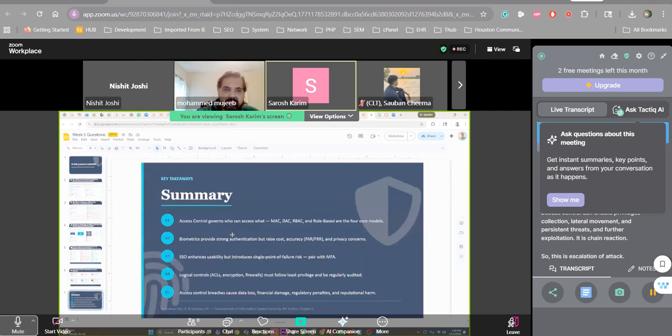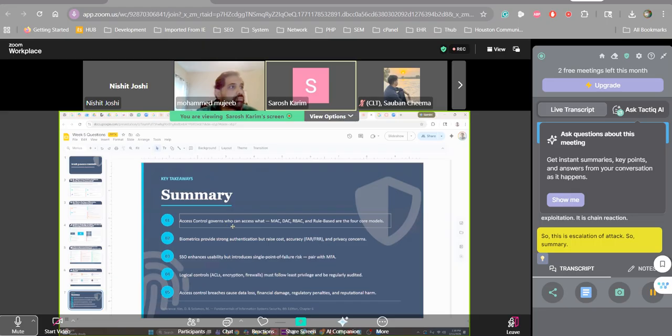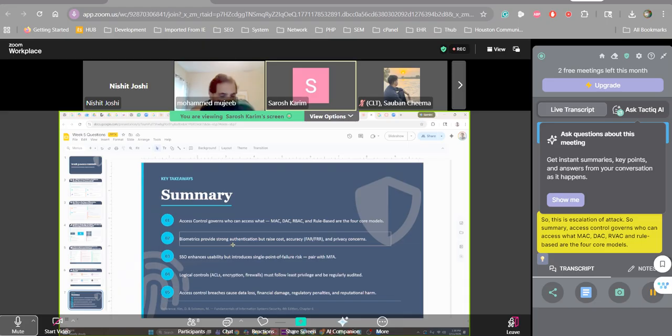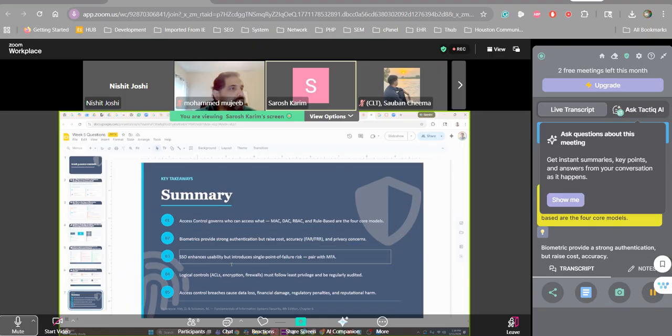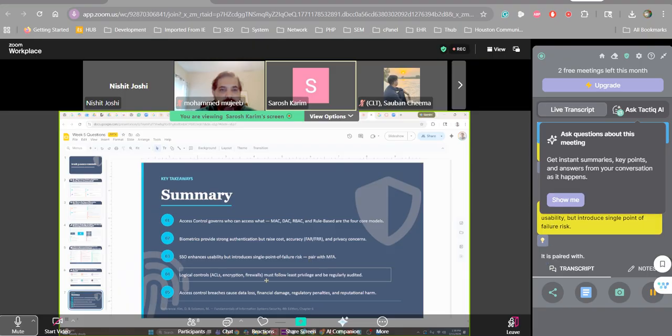So, summary: access control governs who can access what. MAC, DAC, RBAC, and rule-based are the four core models. Biometrics provide strong authentication but raise cost, accuracy, and privacy concerns. SSO enhances usability but introduces single point of failure risk; it is paired with MFA.